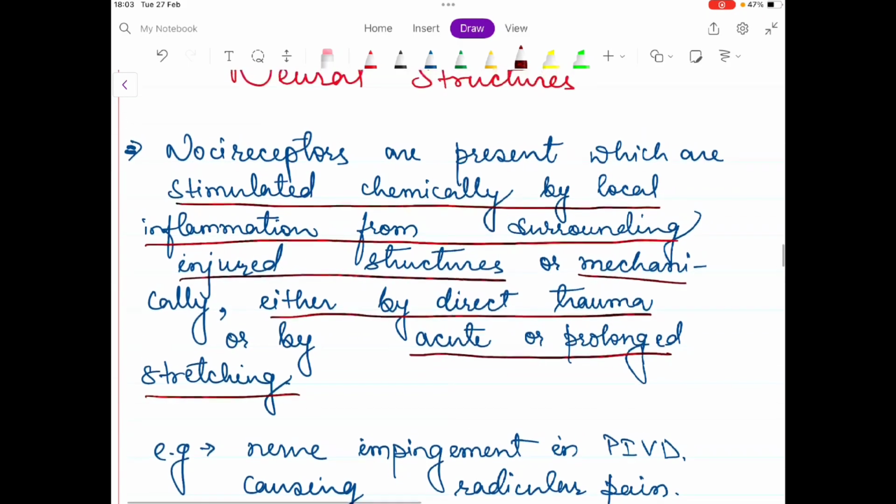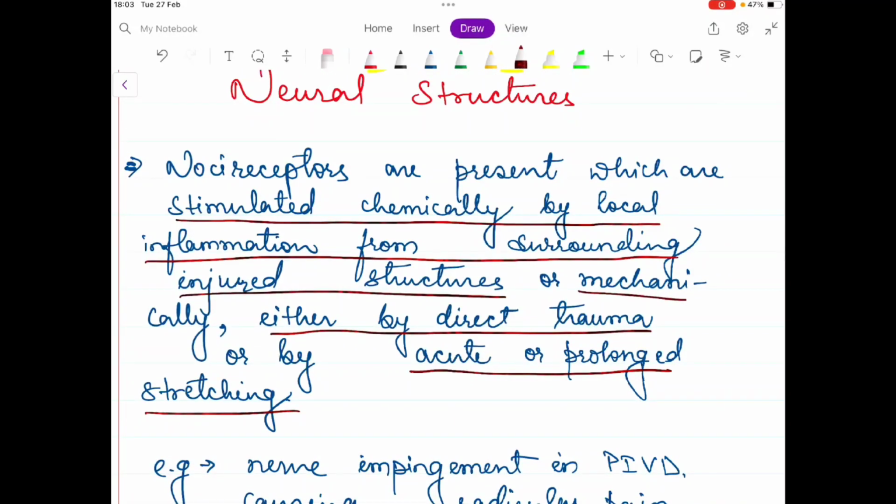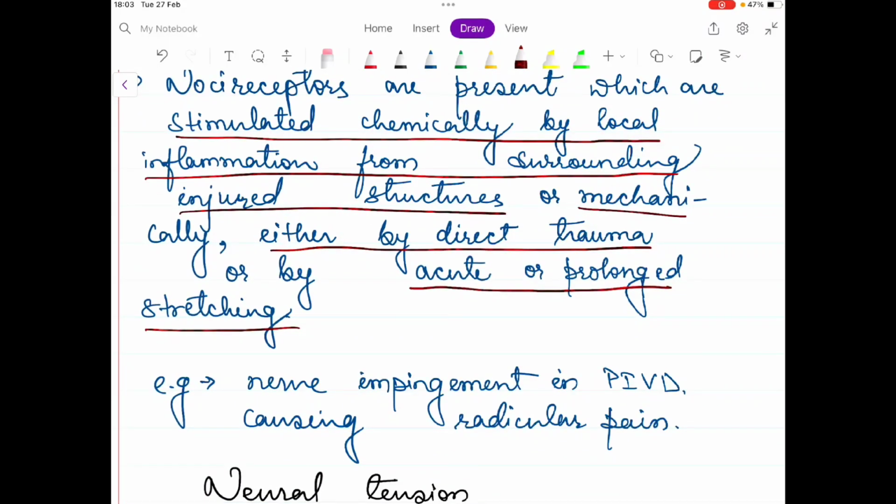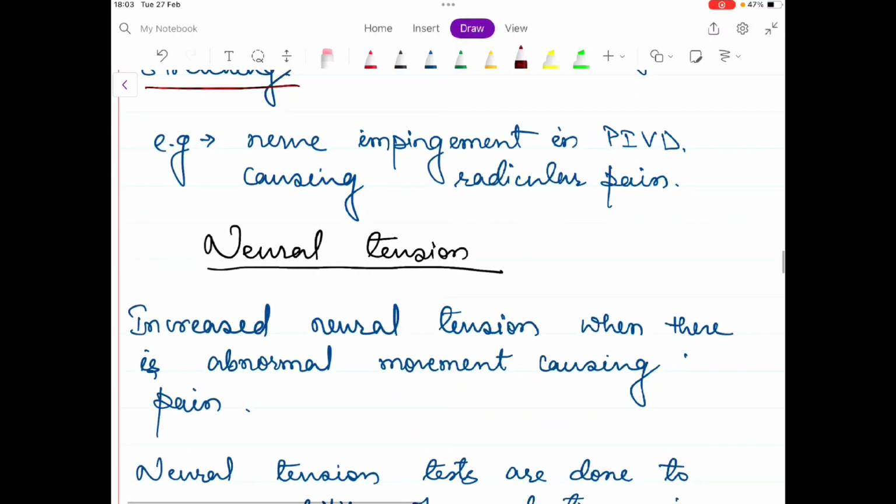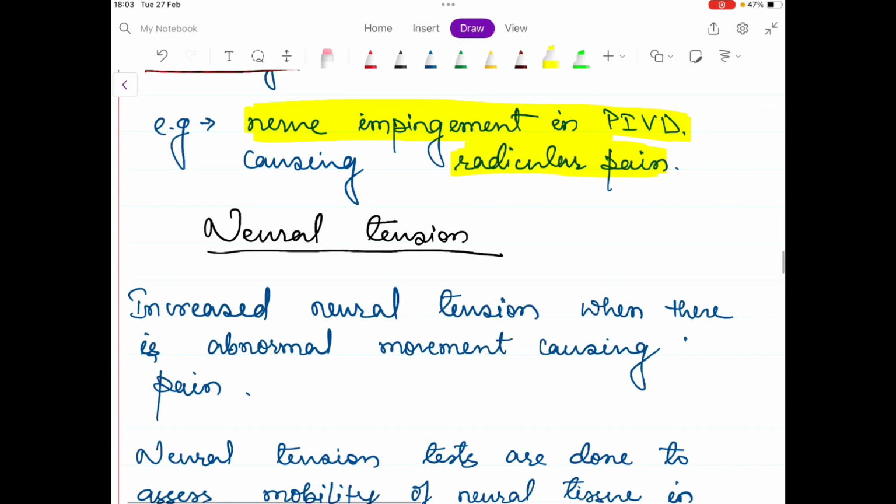For example, nerve impingement in PIVD, a protruded intervertebral disc causing radicular pain. So this was one common example.